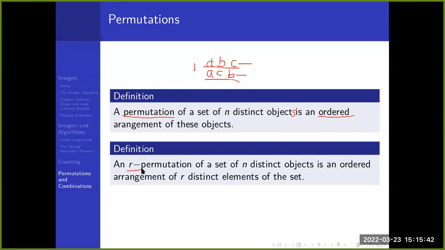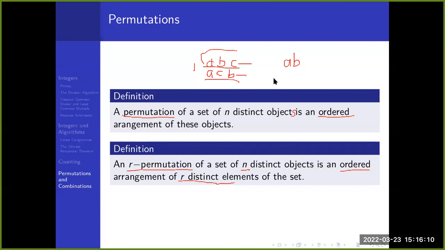So the second thing we look at is an r-permutation of a set of n distinct objects, which is again an ordered arrangement of r distinct elements of the set. Here we have a set with three elements. So we can, for example, do a two-permutation from this set. It will be just an ordered arrangement of two elements from that set.